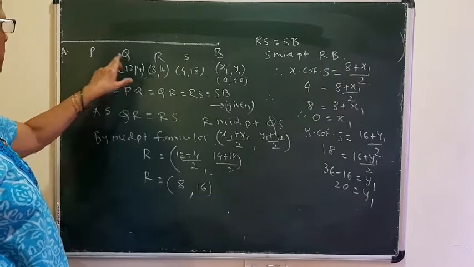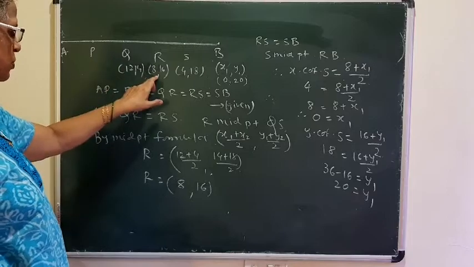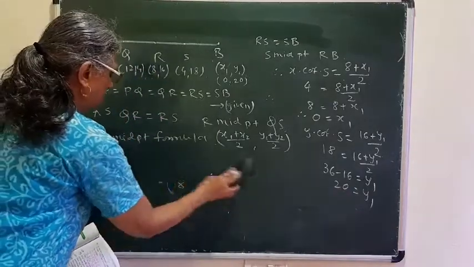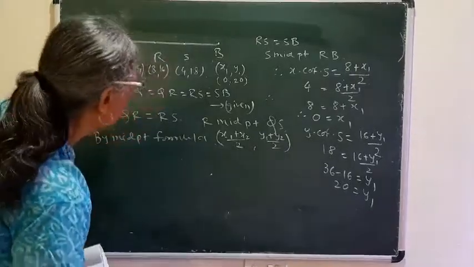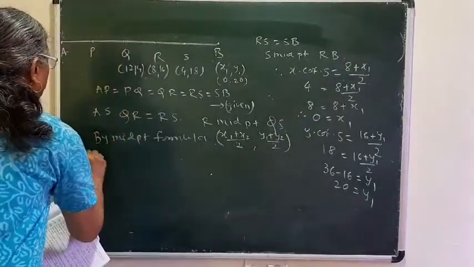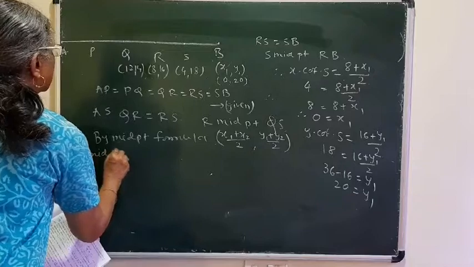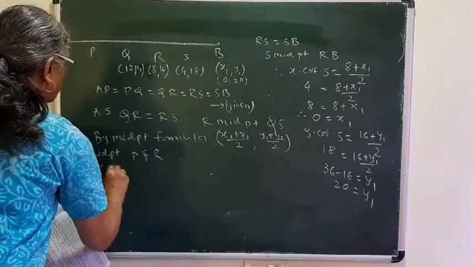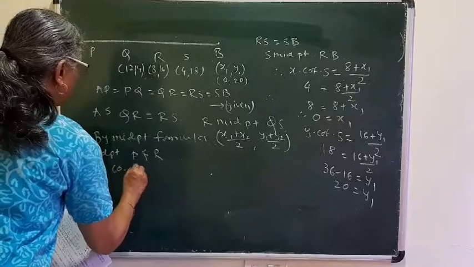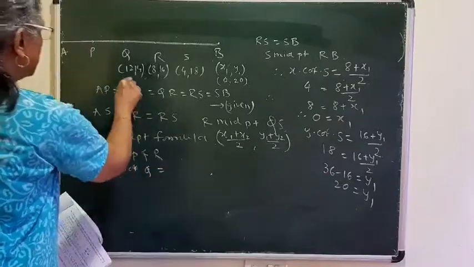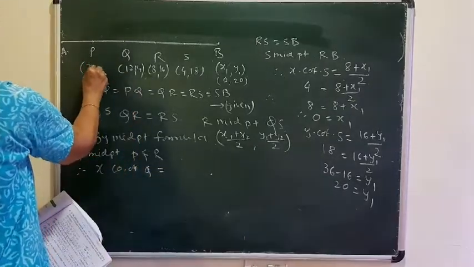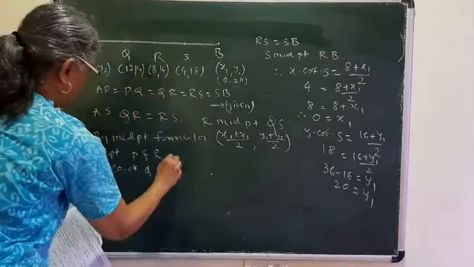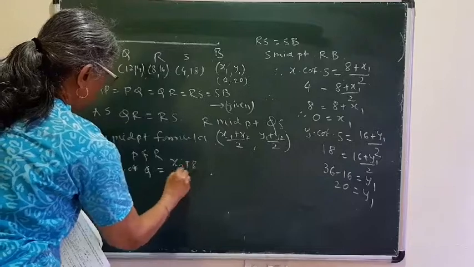Now here Q will be the midpoint of P and R. Followed? So Q is the midpoint of P and R. Therefore, x coordinate of Q is equal to, suppose I will call this x2, y2, x2 plus 8 upon 2.